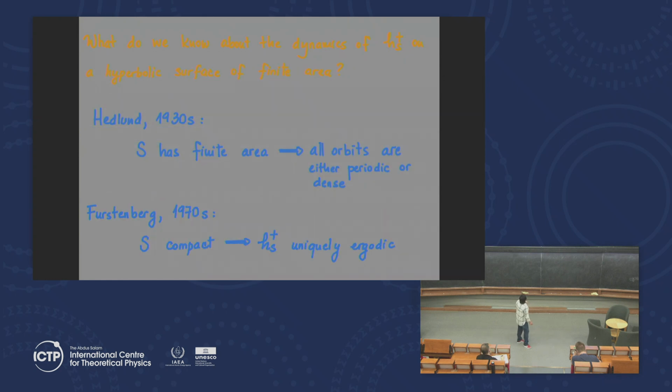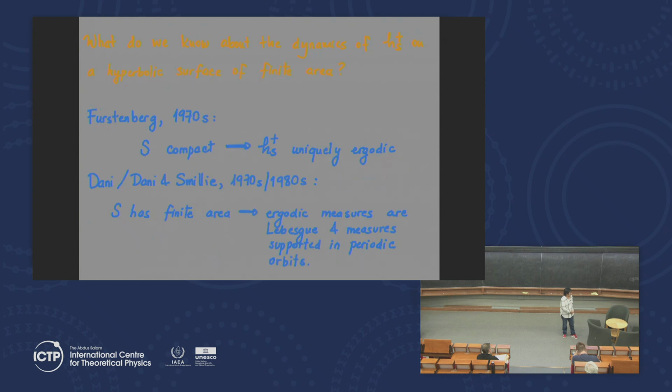The next result we know is Furstenberg's theorem that says that for a compact hyperbolic surface, the horocycle flow is uniquely ergodic. The unique ergodic measure being the Lebesgue measure on the unit tangent bundle, which is usually called the Liouville measure. We also know an ergodic analog of Hedlund's theorem, which is the complete description of ergodic measures for the horocycle flow on these surfaces.